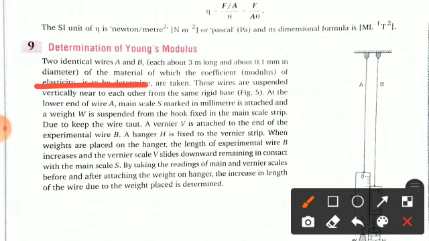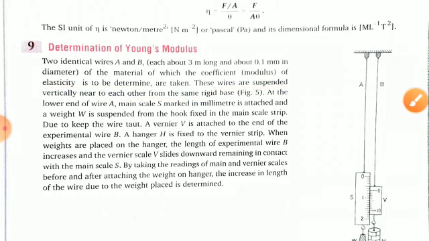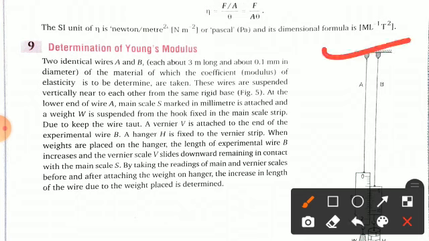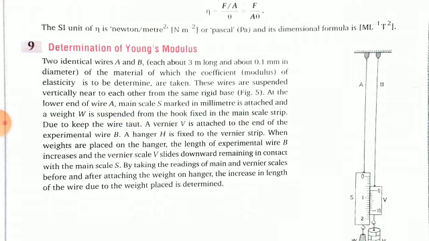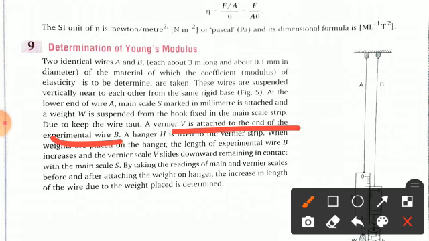These wires are suspended vertically near to each other from the same rigid base. This is the base. At the lower end of the wire, a main scale S marked in millimeters is attached, and the weight W is suspended from the hooks fixed in the main scale strip.